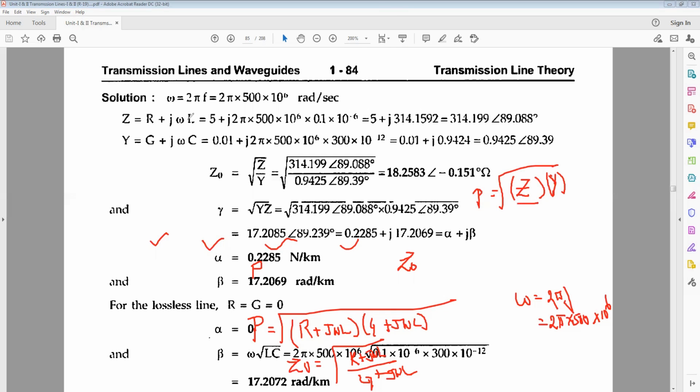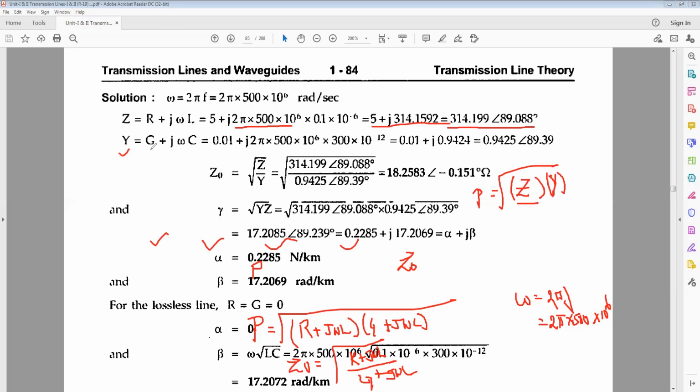R plus j omega L. R is given as 5 plus j into 2 pi, omega is nothing but 2 pi into 500 into 10 to the power of 6, into L given as 0.1 into 10 to the power of minus 6. You get the magnitude and angle 314.119. Otherwise, in rectangular form, 5 plus j 314.15.